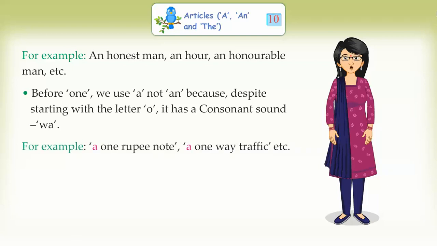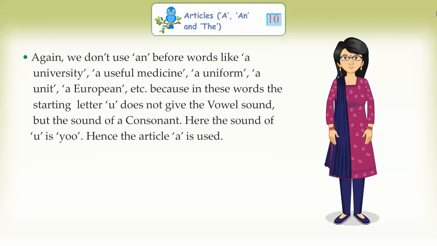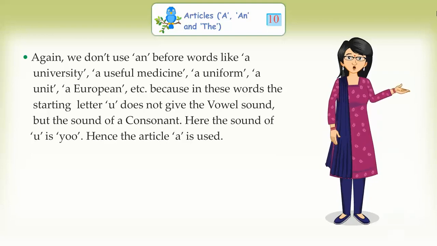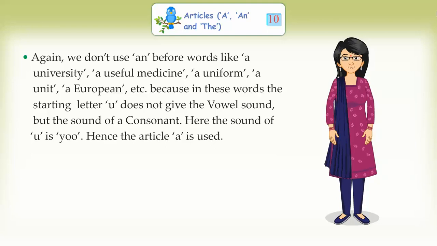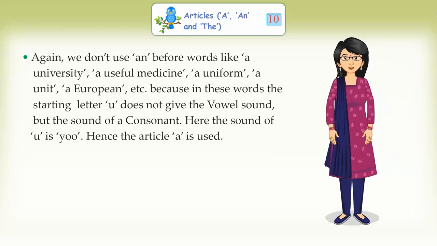For example, a one rupee note, a one-way traffic, etc. Again, we don't use an before words like a university, a useful medicine, a uniform, a unit, a European, etc. because in these words the starting letter U does not give the vowel sound but the sound of a consonant. Here the sound of U is yo. Hence the article a is used.